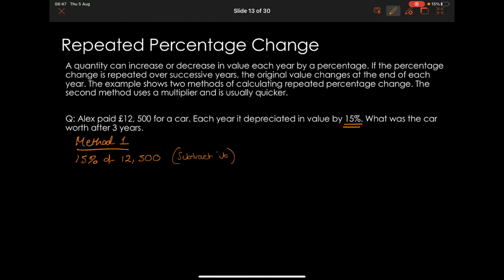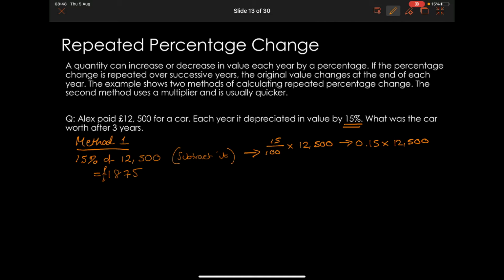In order to find 15% of 12,500, we can either do 15 divided by 100 times 12,500, or we can recognise that 15 out of 100, or 15%, is 0.15 and just times that by 12,500. If we do that, we end up with £1,875.